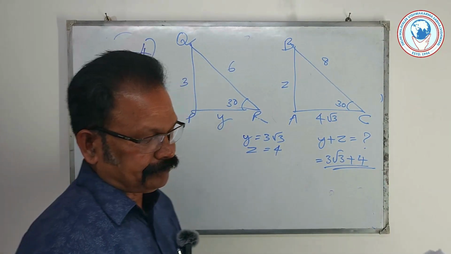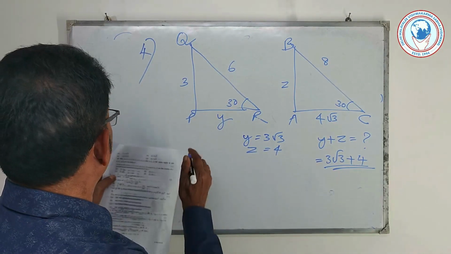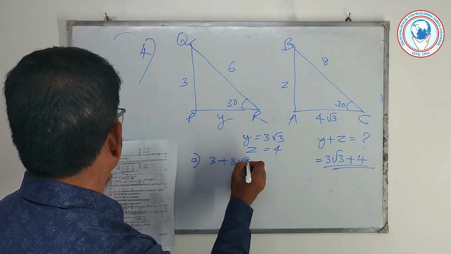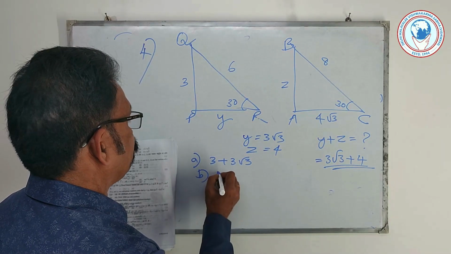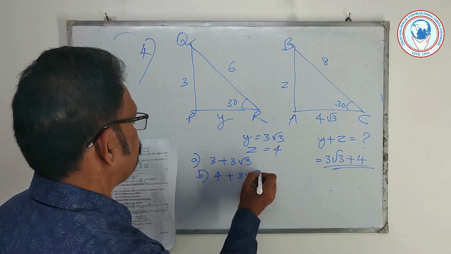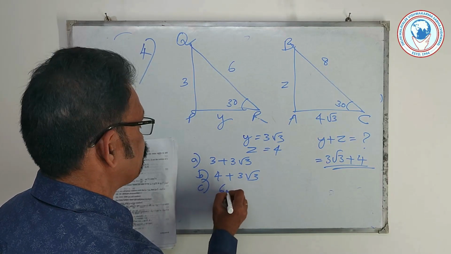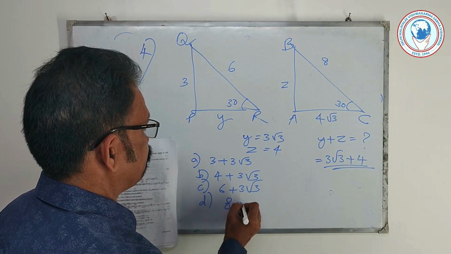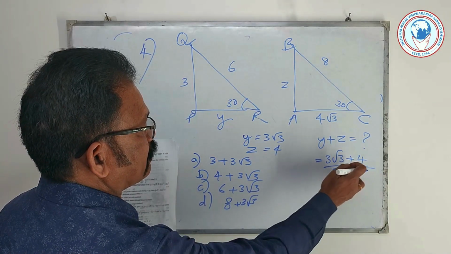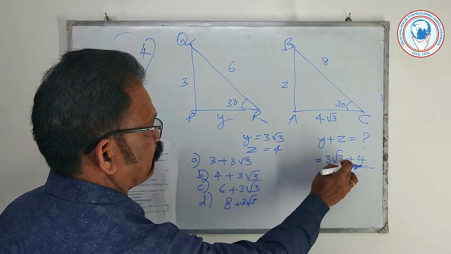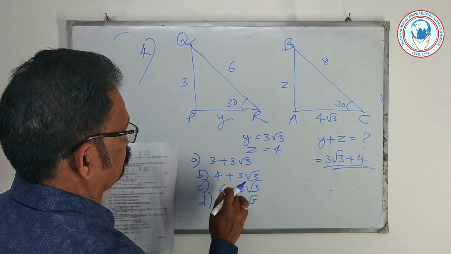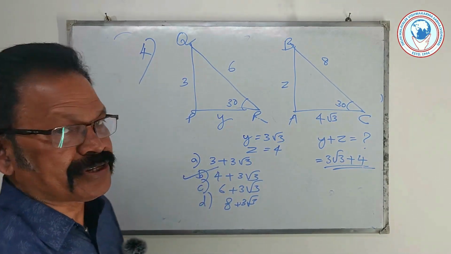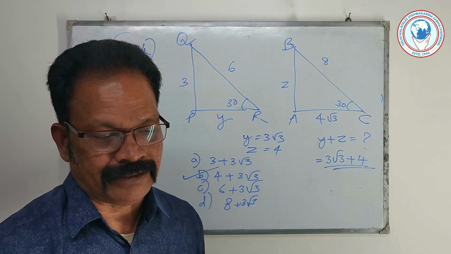See the options: A 3 plus 3 root 3, B 4 plus 3 root 3, C 6 plus 3 root 3, and D 8 plus 3 root 3. So our answer is 3 root 3 plus 4. So option B is the correct answer.